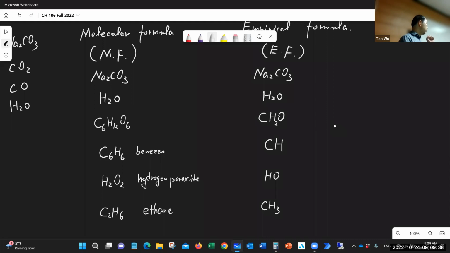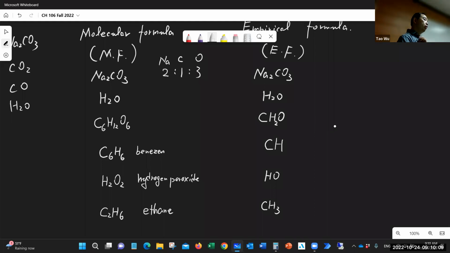Okay, yeah. But let's see, what is the similarity between those two formulas? If you look at the ratio between each of the atoms or each of the elements, for the first one, sodium is 2 versus 1 versus 3, right? That's sodium versus carbon versus oxygen.